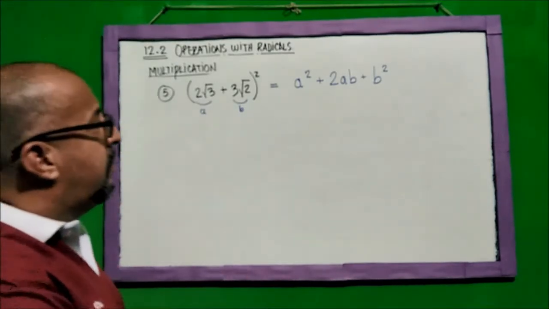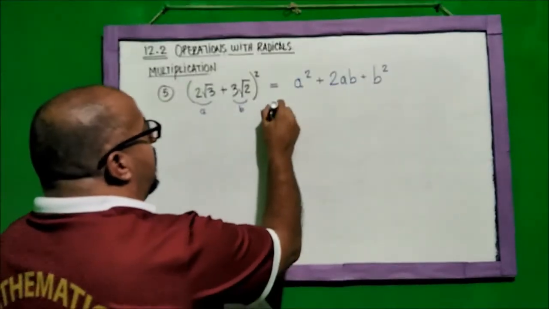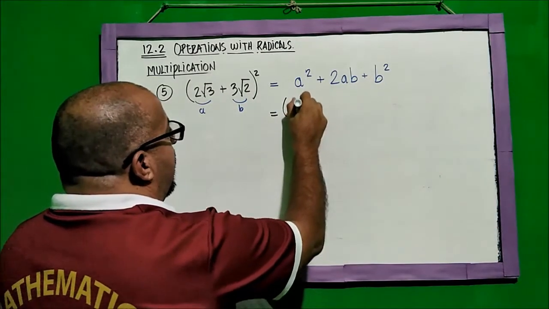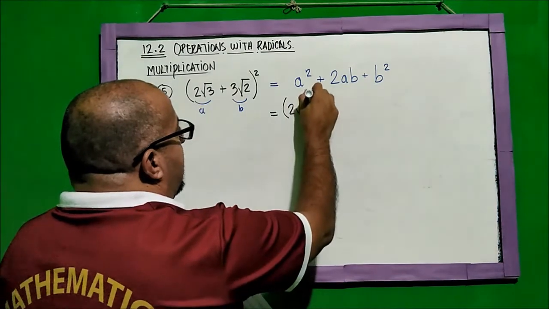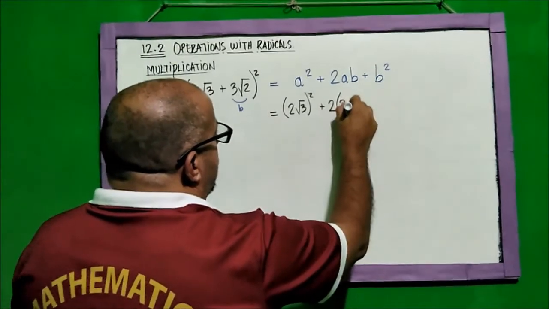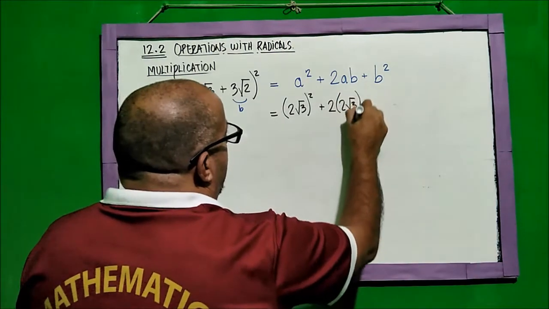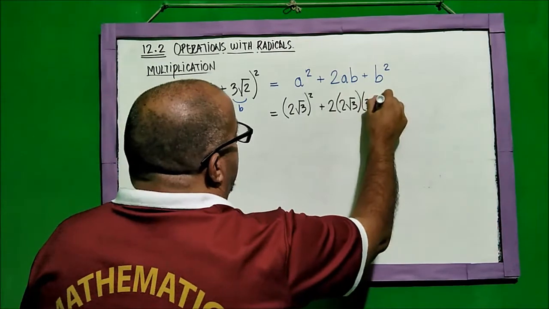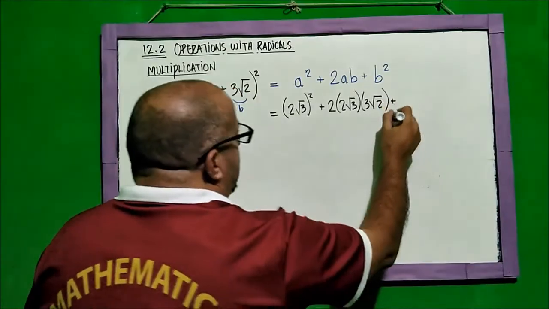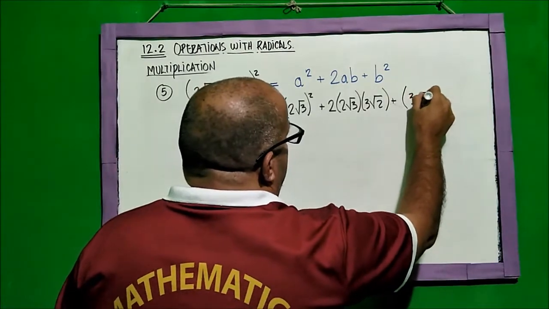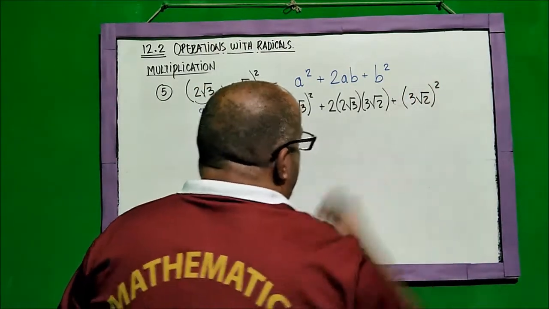So let's proceed with the problem. Let's replace the information: 2 square root of 3 to the second power plus 2 times 2 square root of 3 times 3 square root of 2 plus parentheses 3 square root of 2 to the second power.